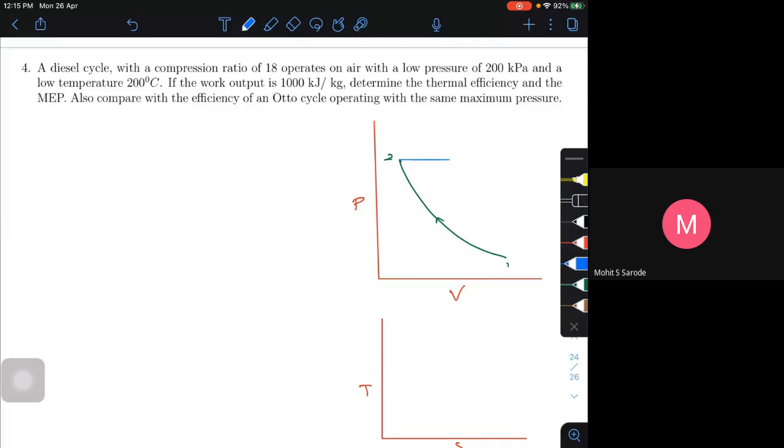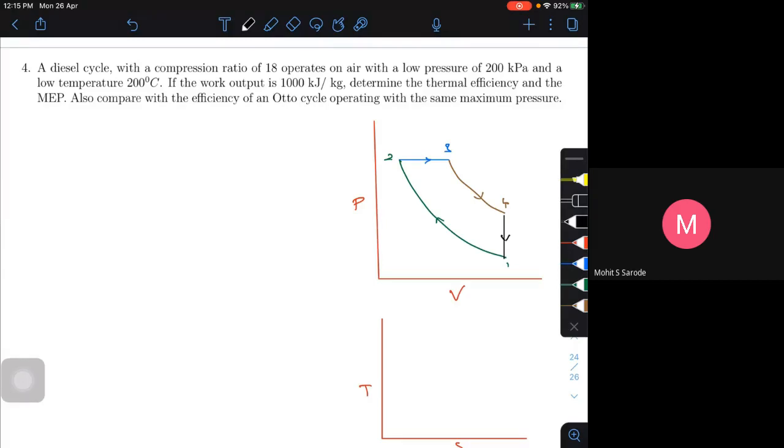It's a straight line. Then expansion process from 3 to 4. Then it's a constant volume heat rejection process. It's a vertical line. So this is your diesel cycle.